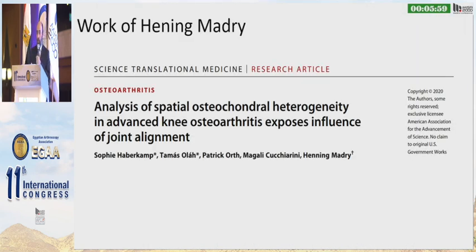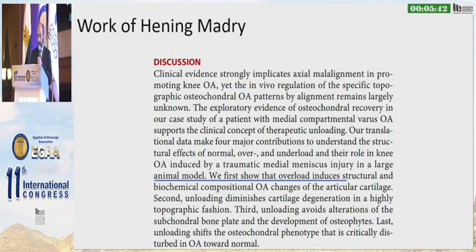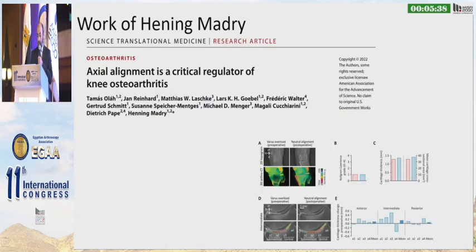Is it only emotional, or is it supported by literature? There are a couple of papers published by Henning Madry. He is a basic scientist. In the first one, he gave evidence that there are site-specific effects of varus malalignment and supported the clinical concept of therapeutic unloading.